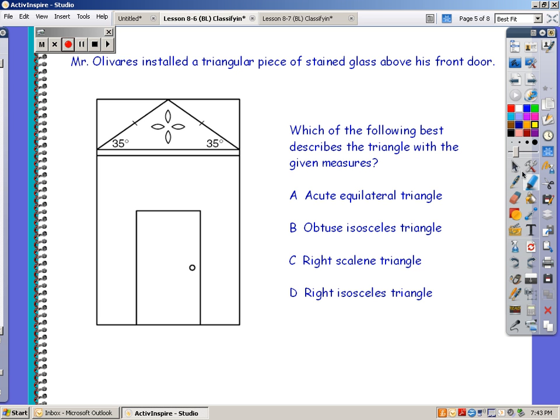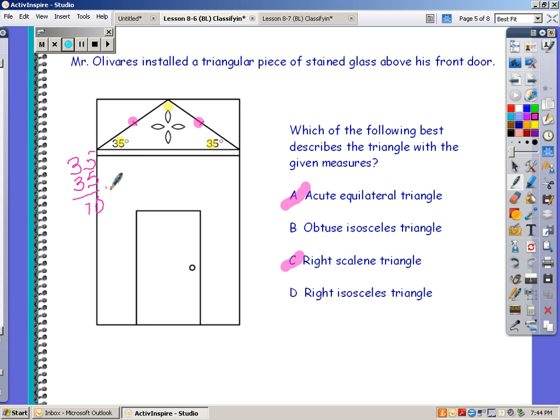Well, let's see what I know. I know these two are 35 degrees. I don't know that one. I can also tell that these two marks right here let me know that they are the same. So I know it's isosceles, which lets me know that I can eliminate A and C. The next thing I have to figure out is, well, 35 and 35 makes what? 35 and 35 is 70.